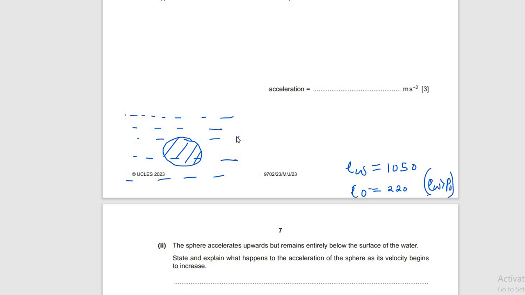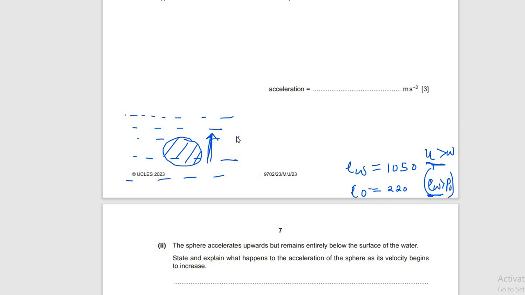So, since the density of water is greater, the upthrust in this case will be greater than the weight. The upthrust is produced by water. If the upthrust is greater than the weight, the object will tend to move upward, even as you're trying to pull it down.